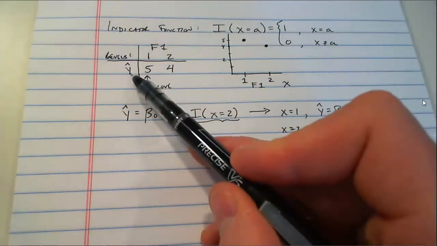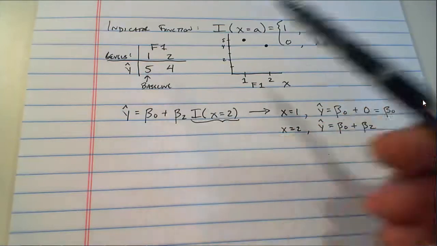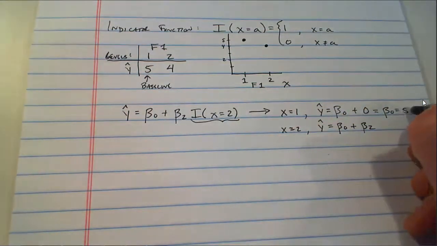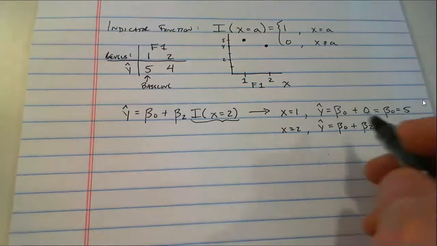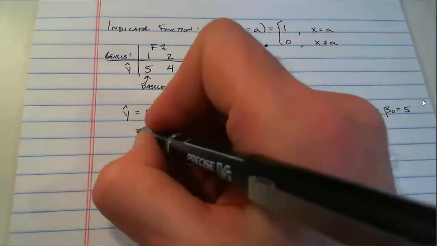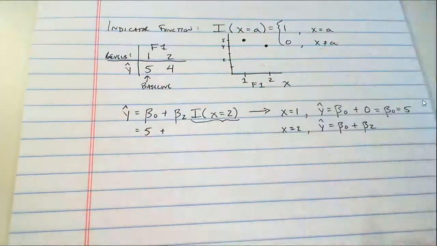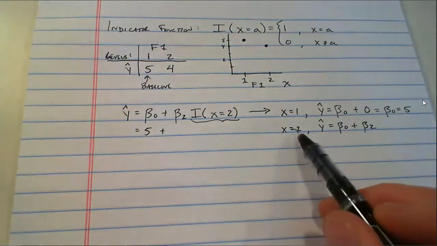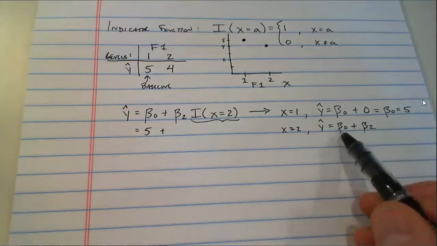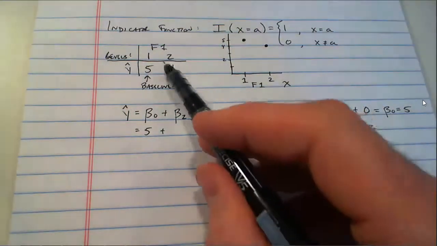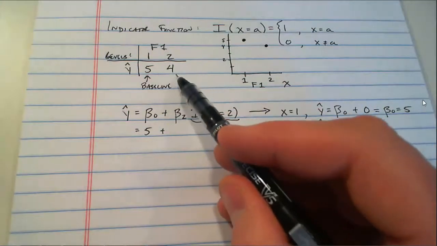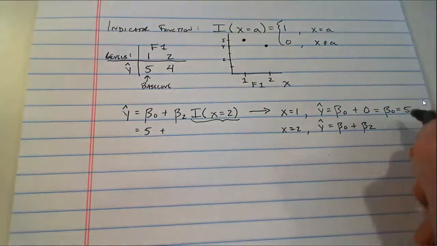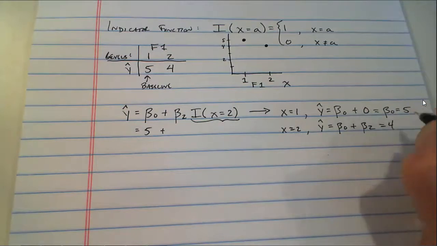So let's go back to our table. Our table, we've got y hat for group 1, it equaled 5. Okay, so beta naught equals 5. So I'm going to rewrite that over here. For group 2, the mean is 4. So how do we get this equal to 4?